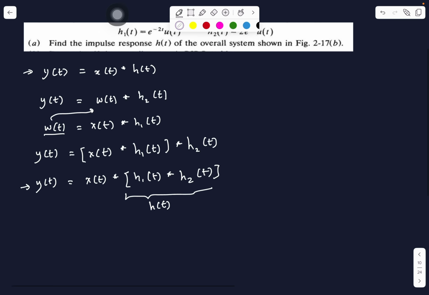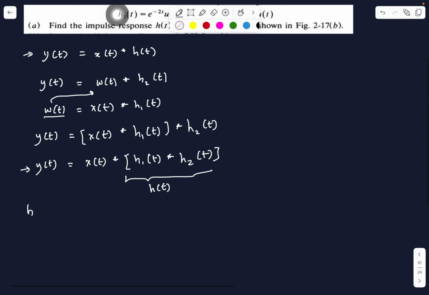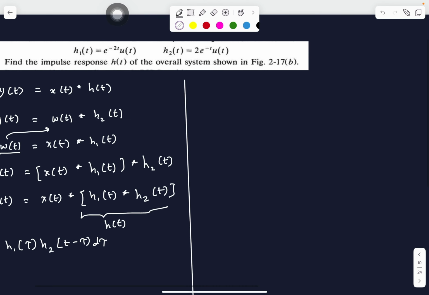So we need to find h of t. So let's just use the convolution integral. So it's going to be the integral of h1 of tau h2 of t minus tau d tau, which is the integral of exponent negative 2 tau u of tau times 2 exponent negative t minus tau u of t minus tau d tau.